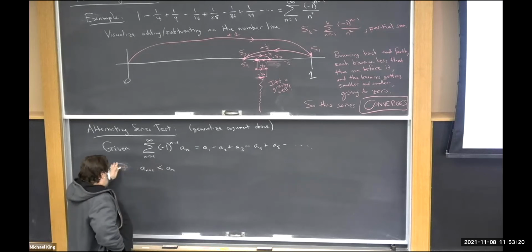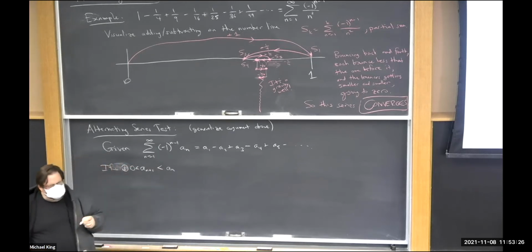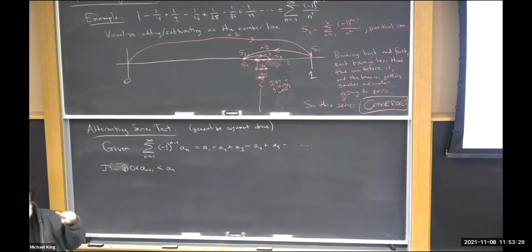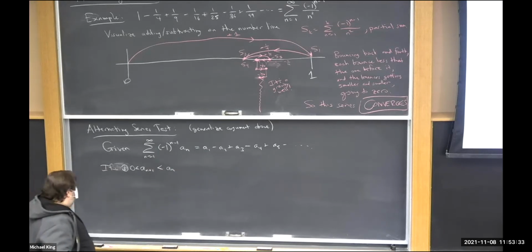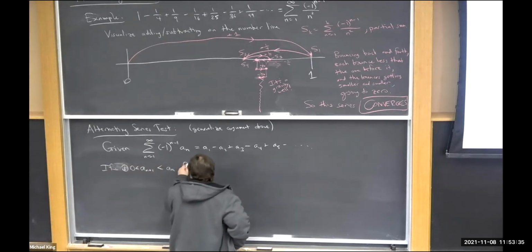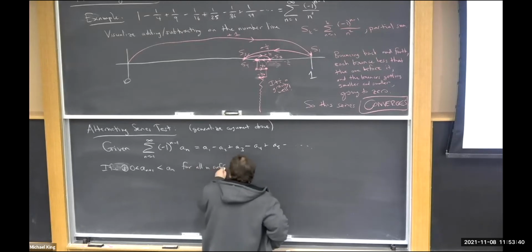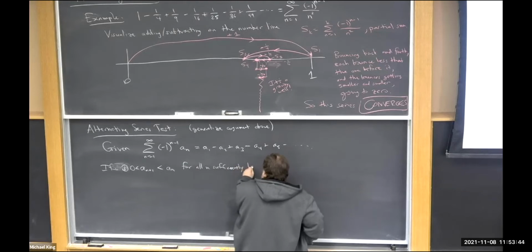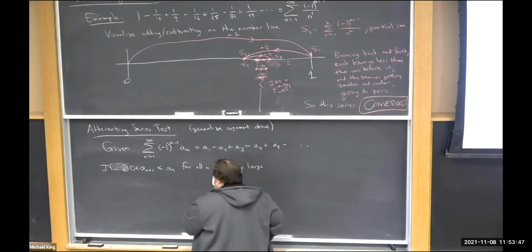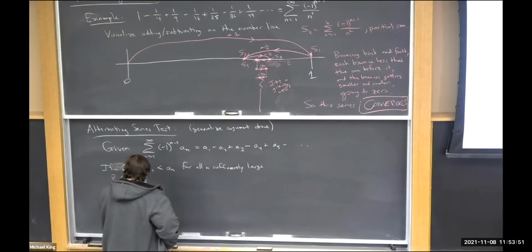So maybe I should put 1. I said for all n, but really it's just eventually. You could have stuff bounce back kind of weird for the first 100 terms, and then eventually start going in smaller and smaller. So I'll say for all n sufficiently large. And 2, the terms are going to 0.